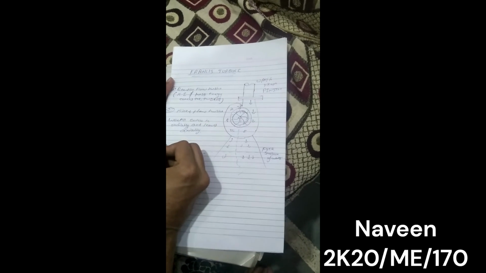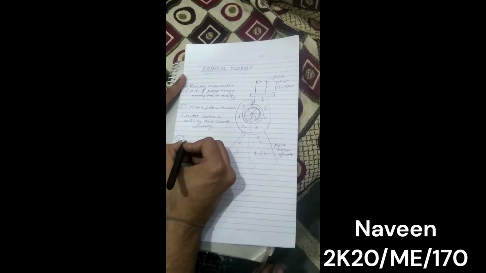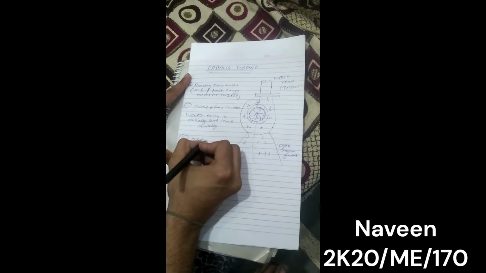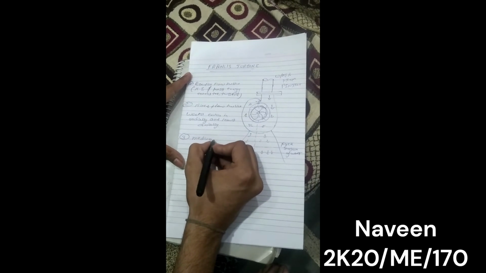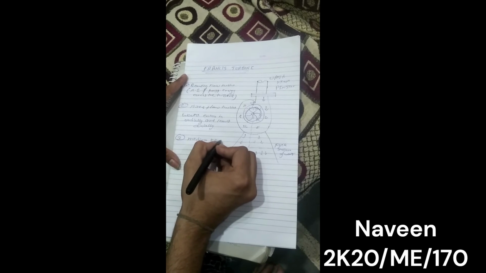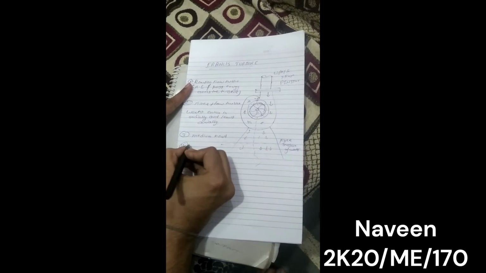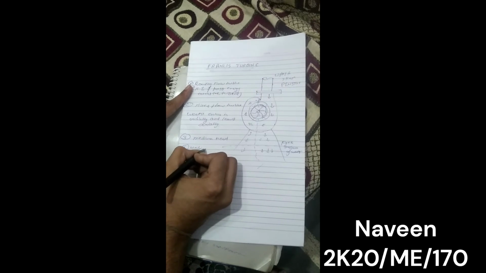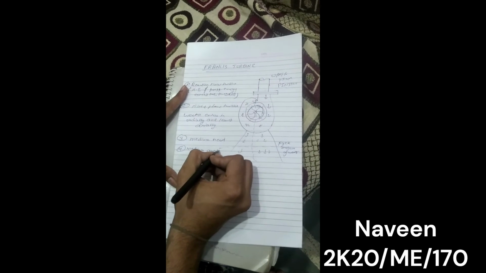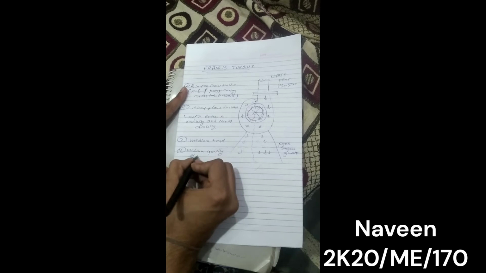And the third point, it has medium head. The Francis turbine has medium head, and there is a medium quantity of water.